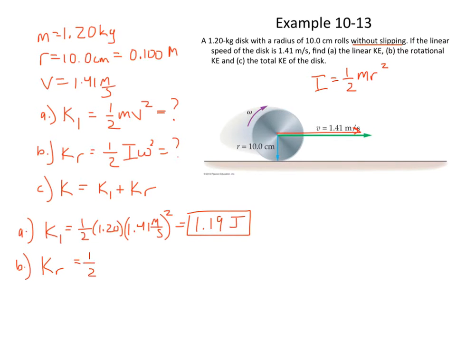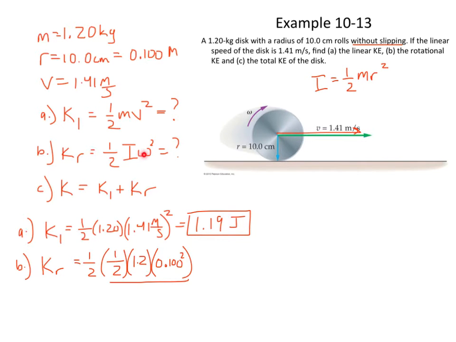So 1/2 times 1/2, the mass is 1.2 kilograms, times the radius 0.100 squared. That is our moment of inertia. This is our original 1/2, and then we need to multiply it by omega squared.